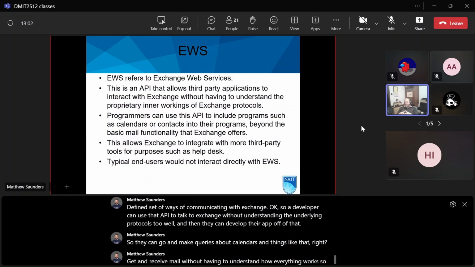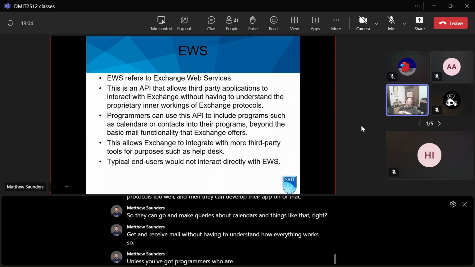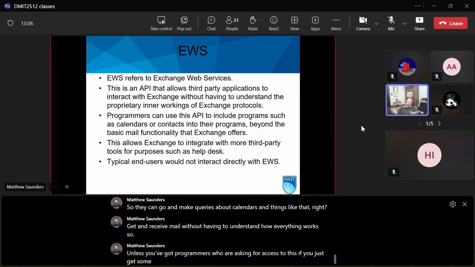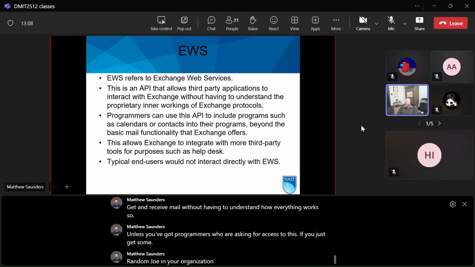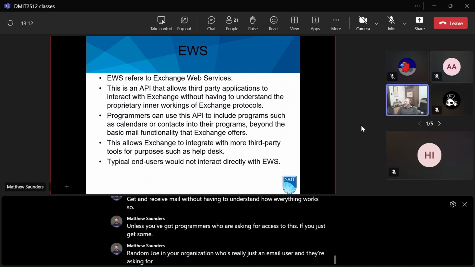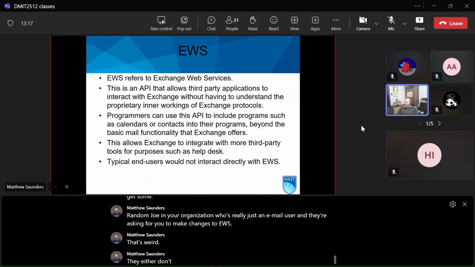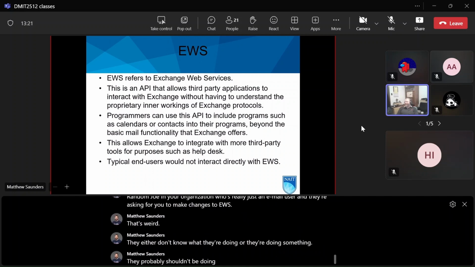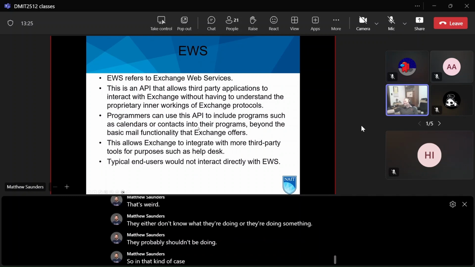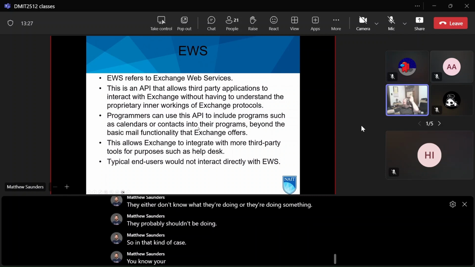So unless you've got programmers who are asking for access to this, if you just get some random Joe in your organization who's really just an email user and they're asking for you to make changes to EWS, that's weird. They either don't know what they're doing or they're doing something they probably shouldn't be doing. So in that kind of case, your little rabbit ears should go up, and you should be like, "What's going on here?"